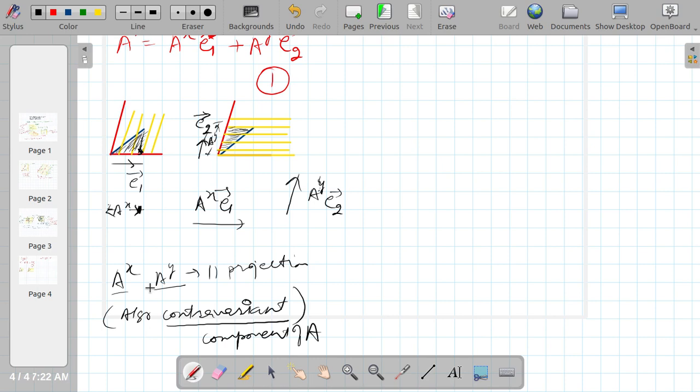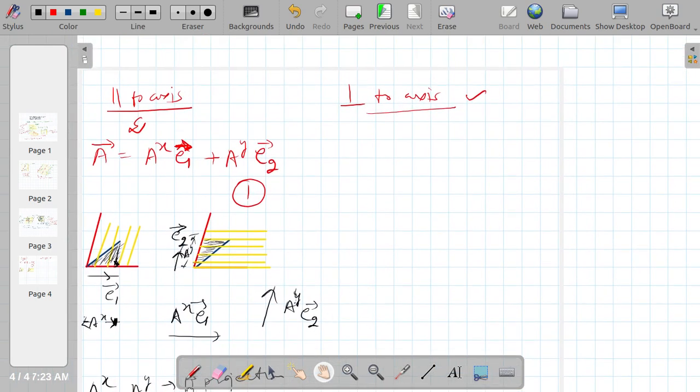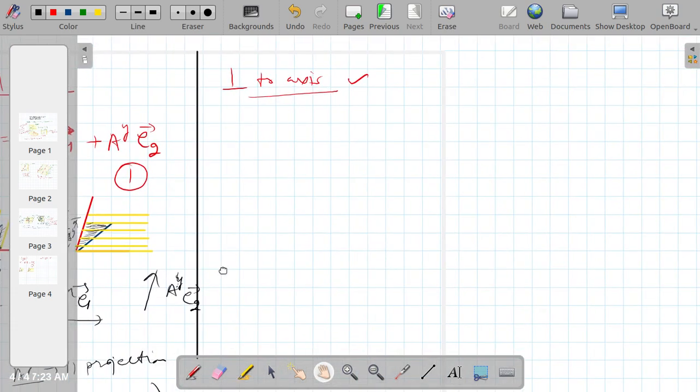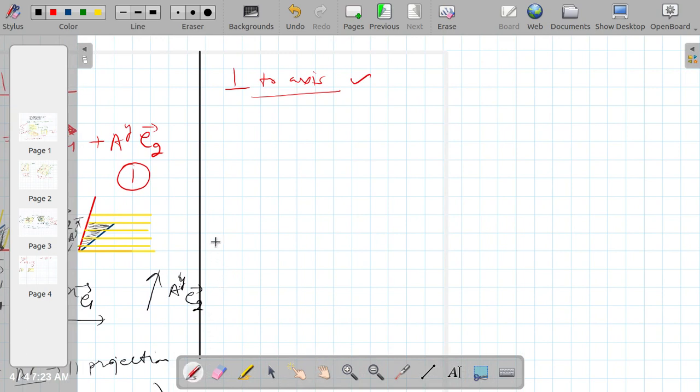Now, if we try to look at the perpendicular projection, the components do not give us the same vector. That was the problem. So how do we tackle that problem? Let us consider two diagrams again. Let us make a line here, and let me talk about perpendicular projection.